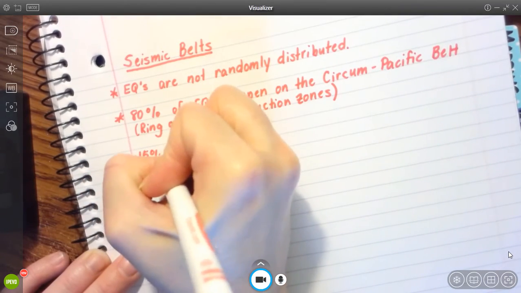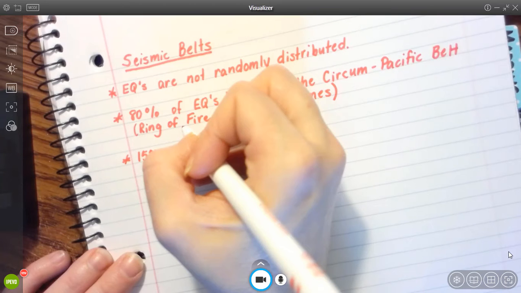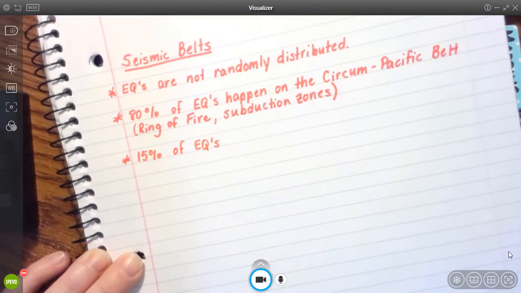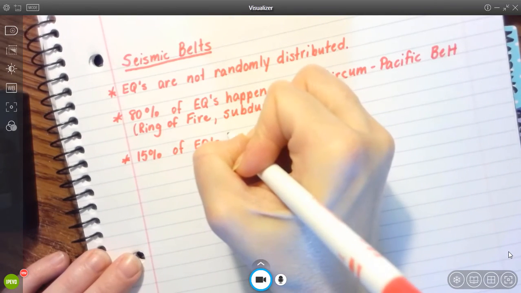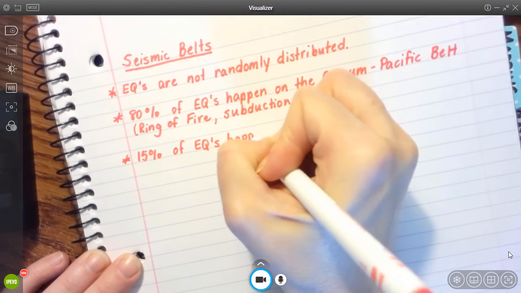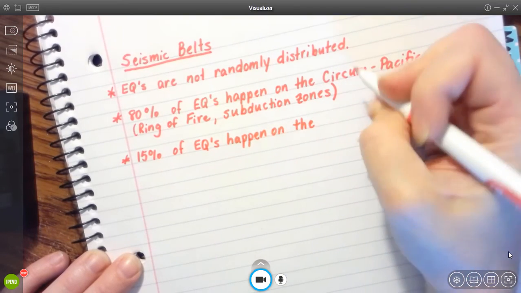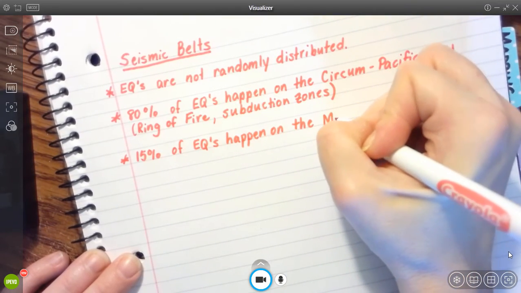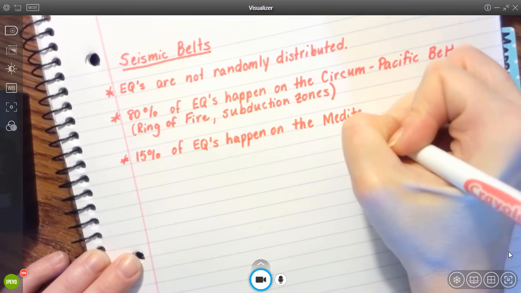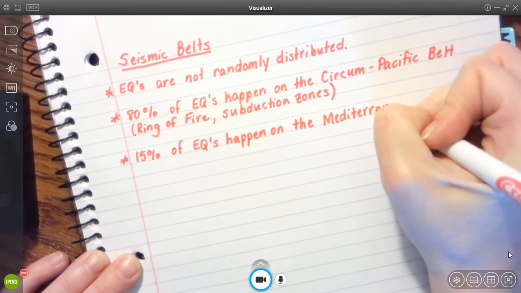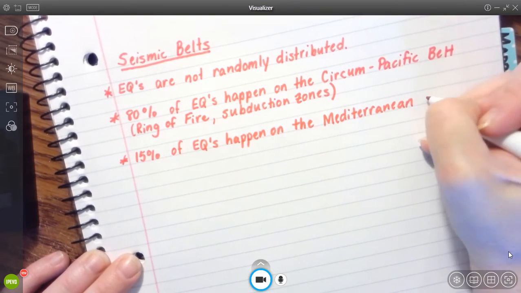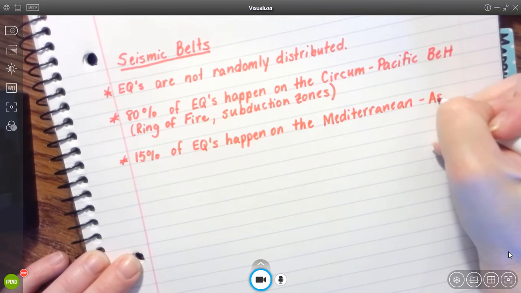15% of earthquakes happen on the Mediterranean-Asian belt.